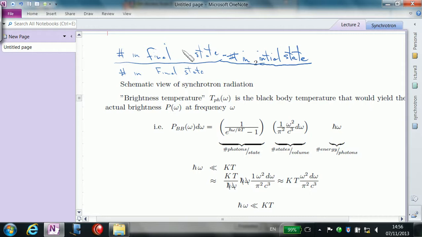I'm not even going to do that. I'm just going to say the number in the final state minus the number in the initial state is just equal to minus dN dE times the energy of the photon, right? Because it's delta n, and epsilon is very small, so I can just take the first order.